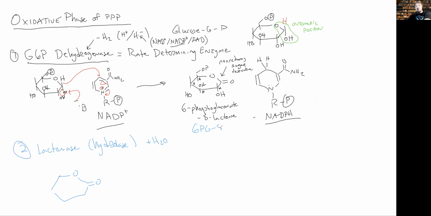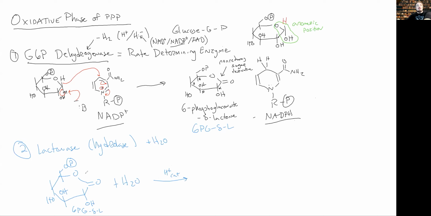That's kind of a confusing part of this whole thing, is we have G6Ps and 6PGs and all that fun stuff. So it's easy to make a mistake with it. I do it all the time. So here's our 6PG delta L, and we're going to be reacting that with water, typically a little bit of acid.